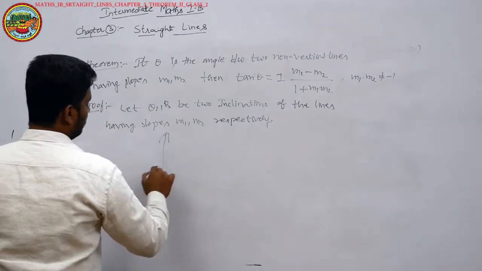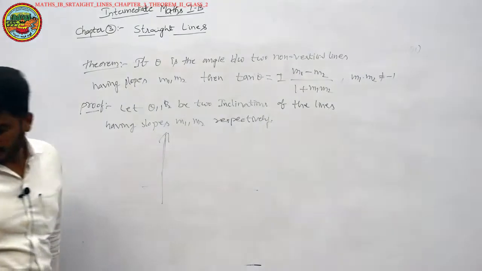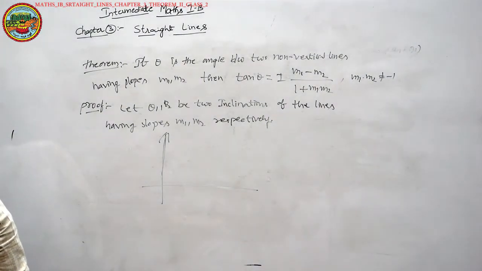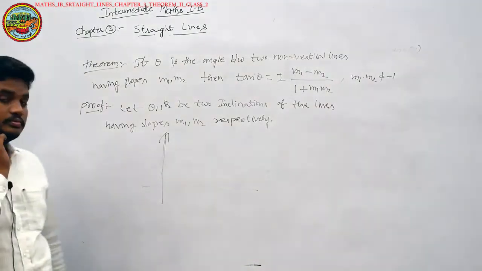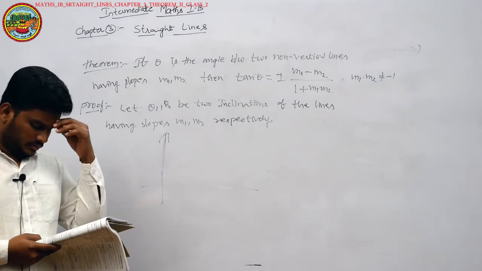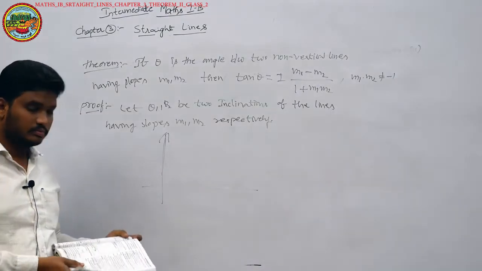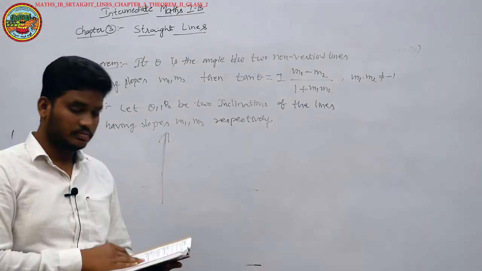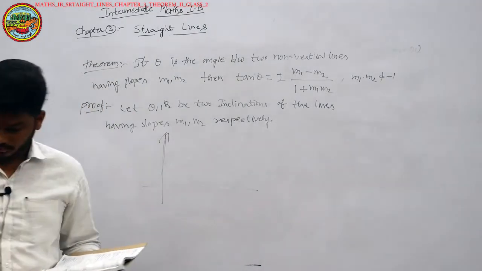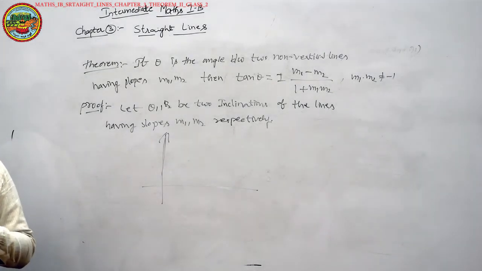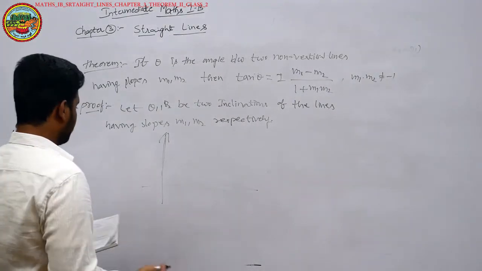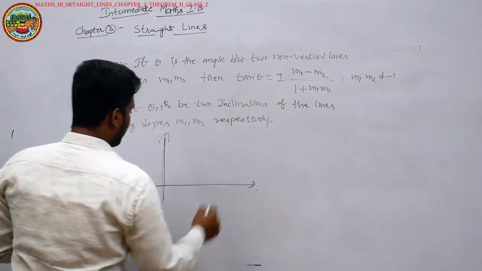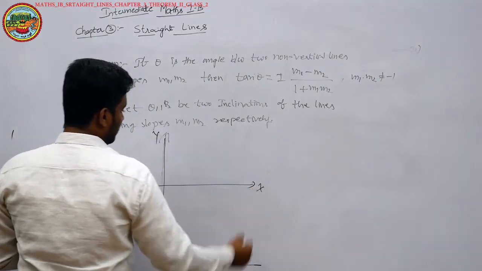So here if we draw a diagram like this, this is the y axis and this is the x axis.